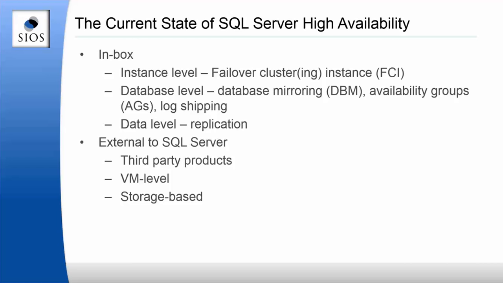And one of the things why I call it data level protection is that unlike database level protection, which is geared towards getting everything inside the database over at a transactional level and having essentially a full copy of your database elsewhere, replication is something where you have to define what you want to be elsewhere. It has the same problems as database level, where you've got to worry about logins and all this other stuff.